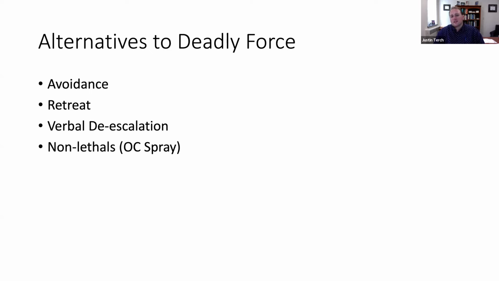And then think of your less lethals, your non-lethals like OC spray, how you could employ them early. We had a situation one time, I wasn't there, but where we were trying to serve a subpoena or a child support order or something to somebody, and the person grabbed a baseball bat and chased our detective.